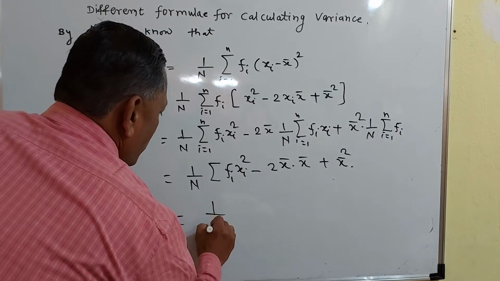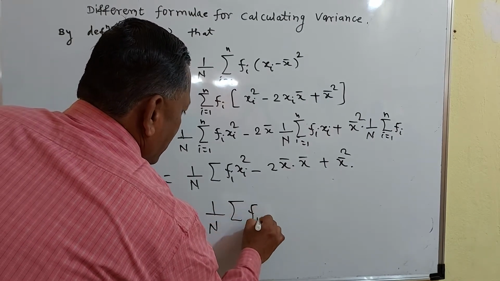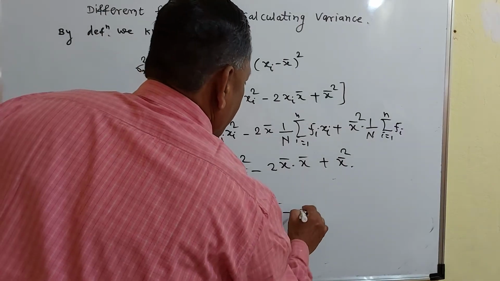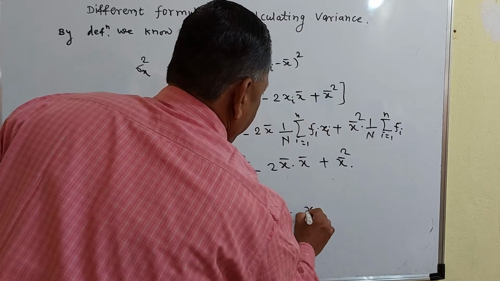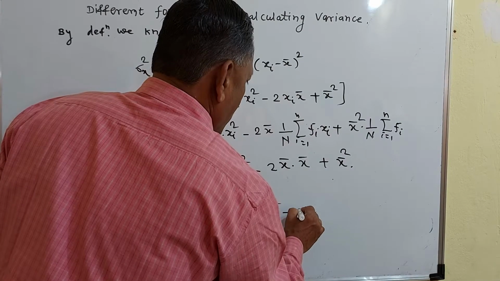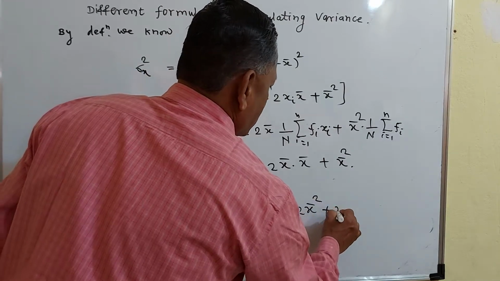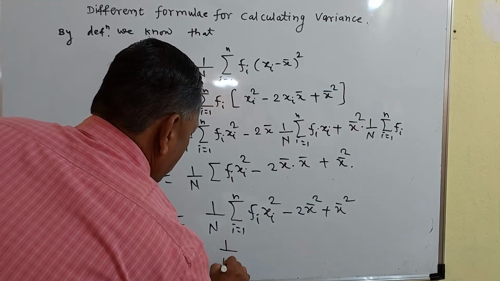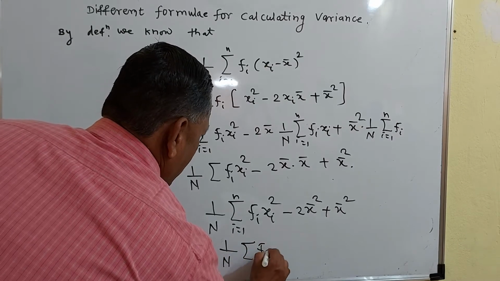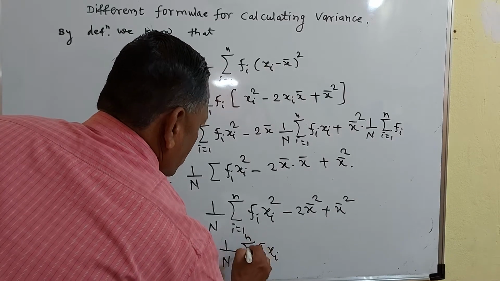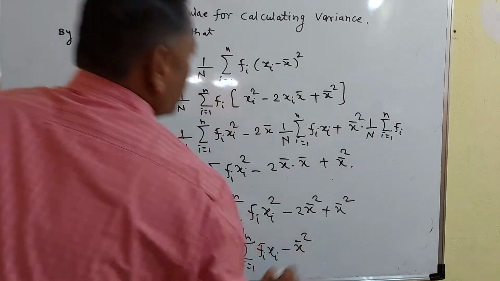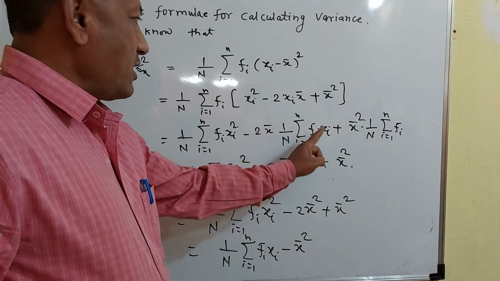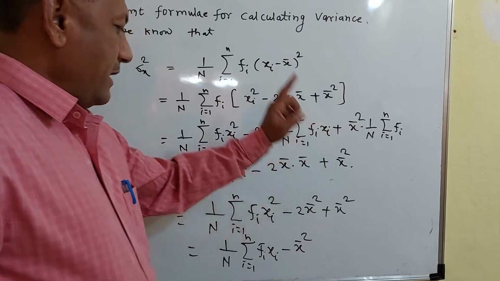So it is equal to 1 upon n summation of fi into xi square, i going from 1 to n, minus x bar square, where x bar is 1 upon n summation of xi fi, and its square.